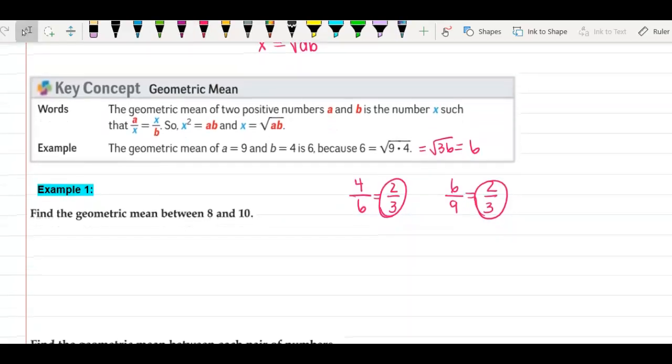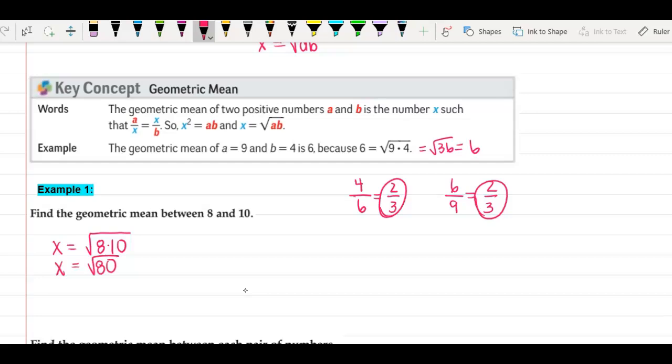So let's just do one example together. Find the geometric mean between 8 and 10. So we're going to multiply the two numbers together underneath the square root. So the square root of 8 times 10 is 80. Then I want you to put this in your calculator, square root of 80.